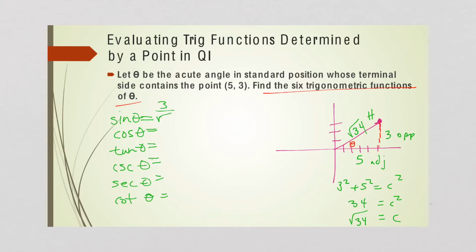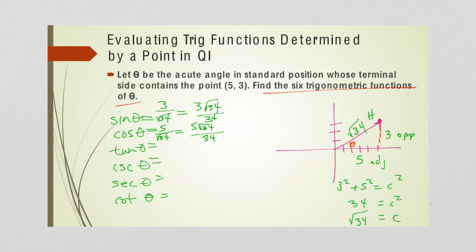Remember, I cannot leave a square root in the denominator, so sine becomes 3 square roots of 34 over 34. Cosine is 5 over the square root of 34, so that becomes 5 square roots of 34 over 34.